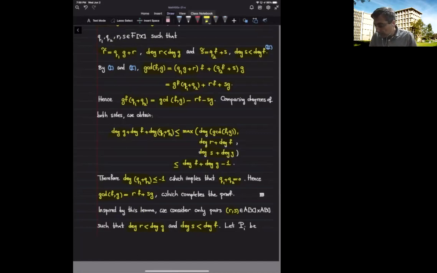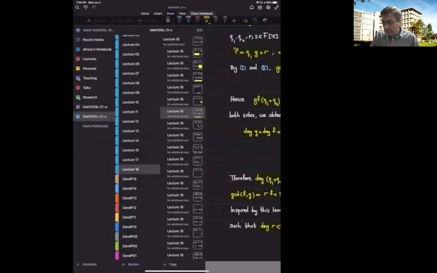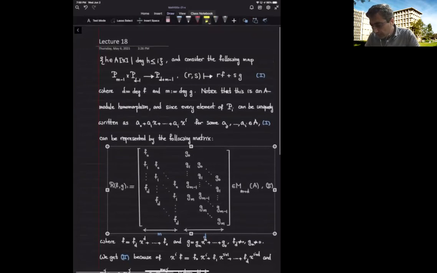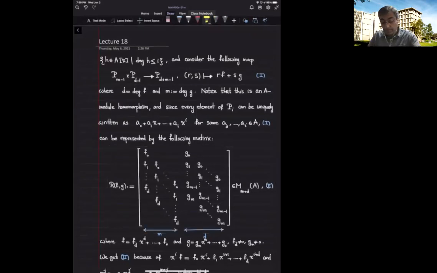Let P sub i be the set of the ring of polynomials with degree at most i. And let's consider the following map. So again, P sub i is the set of all the polynomials that have degree at most i.